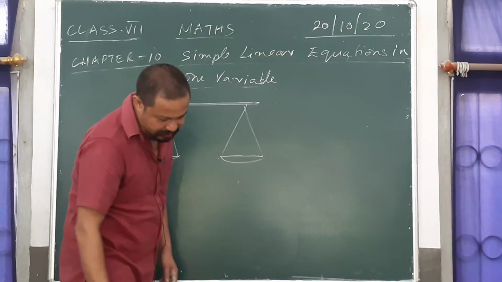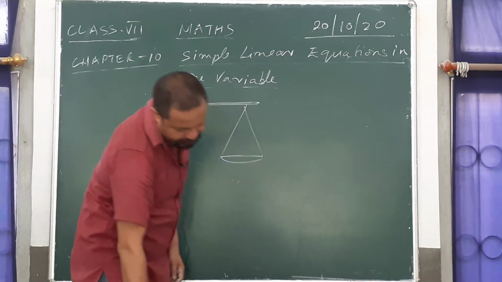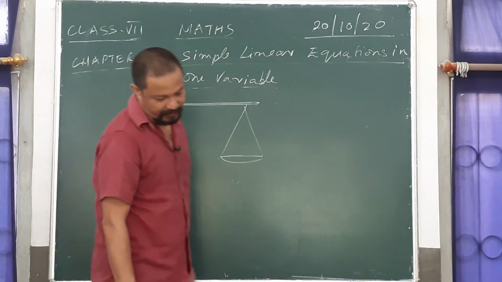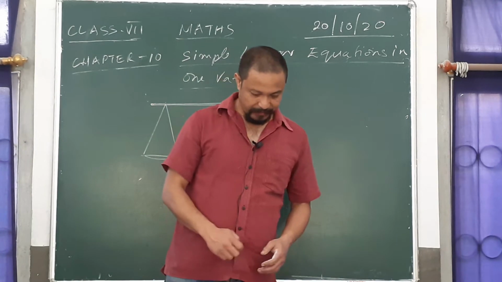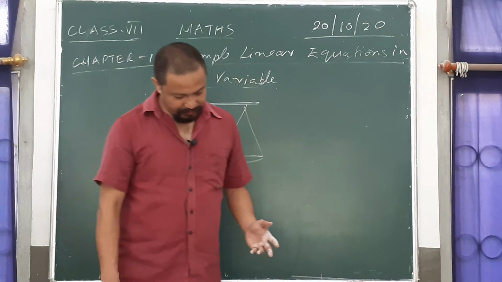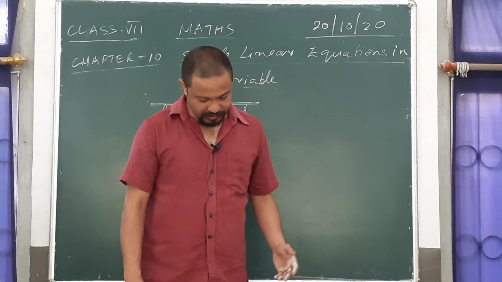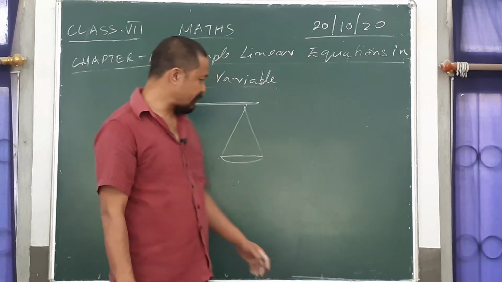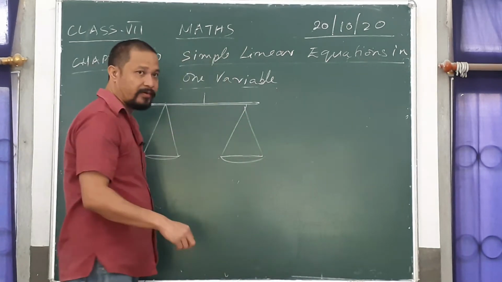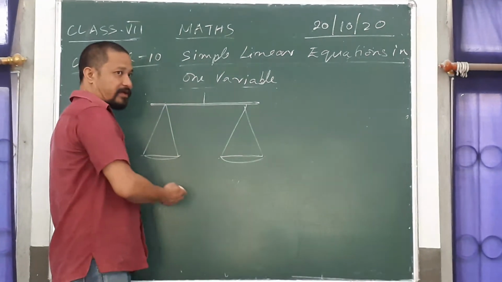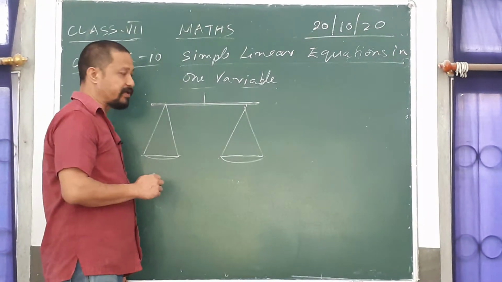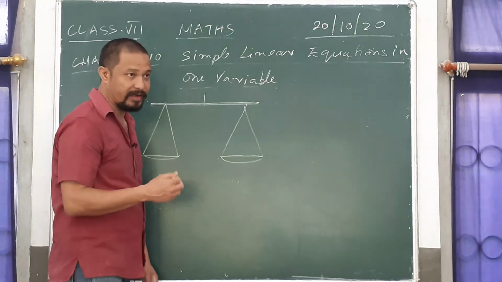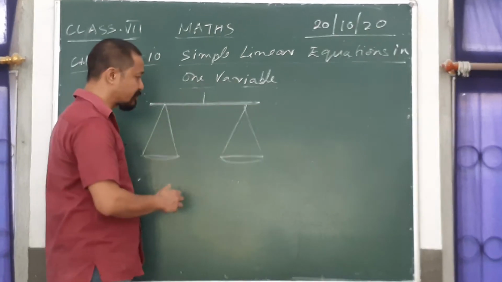The book says you can compare an equation with a pair of pans of a physical balance, just as the beam of the balance remains horizontal when equal weights are placed in two pans. That's true. If you go for shopping, I don't know how many shops still use this, because we have electronic weighing meters already, but still, physical balance, beam balance, right?